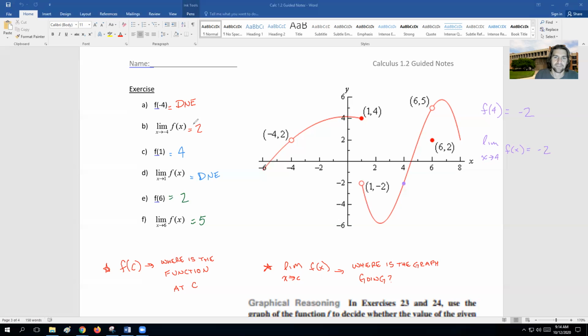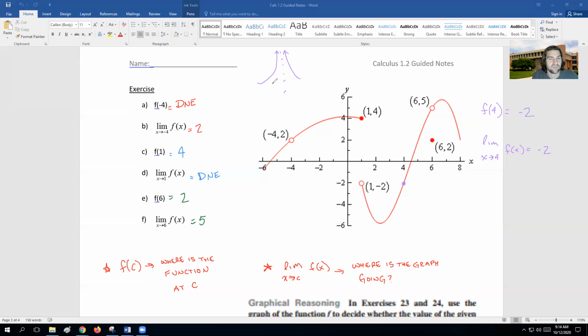So let's recap these. If there's a hole in the graph, or if we have a vertical asymptote, the limit does not exist. If we're asking for the limit, we want to see, are we going towards a specific number? If not, we just say that does not exist as well.